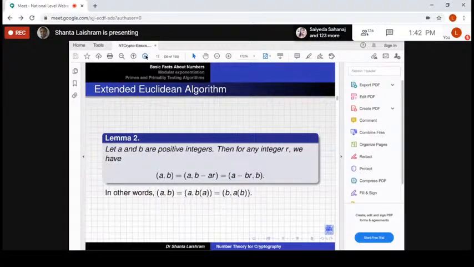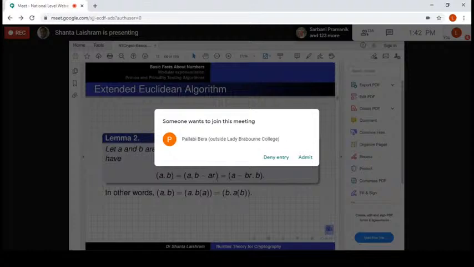It relies on the fact that the GCD of two numbers A and B is the same as GCD of A and B minus AR, and also the same as GCD of A minus BR and B. So for any R, the GCD of A and B is the same as GCD of A and B minus AR.